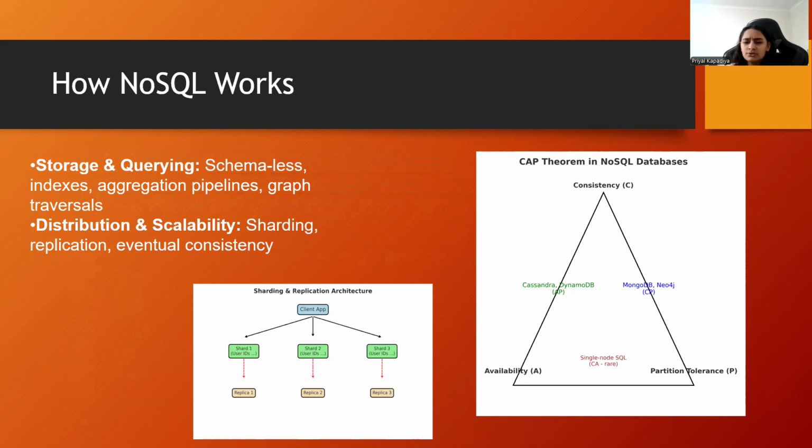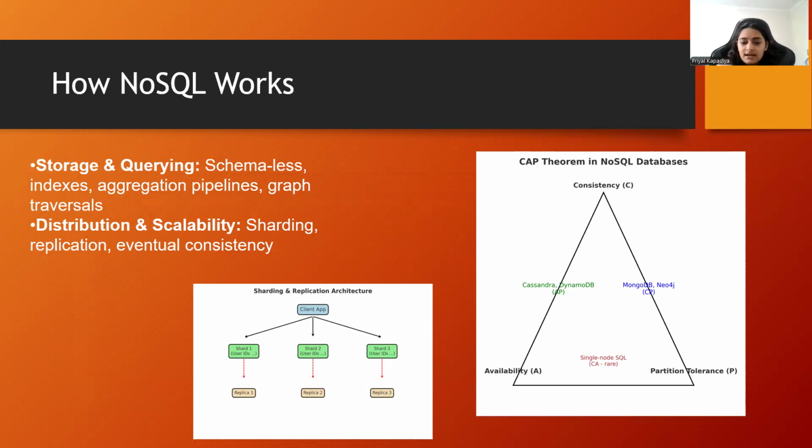They achieve this through sharding and replication. Sharding splits the data across the servers, so no single node carries the entire load. Replication ensures that multiple copies exist for fault tolerance.